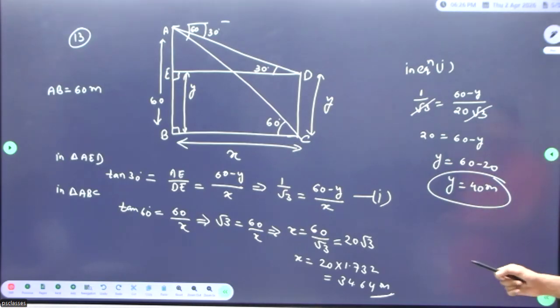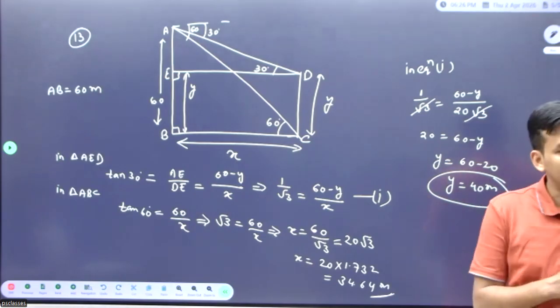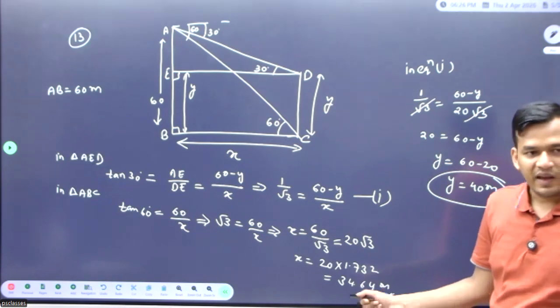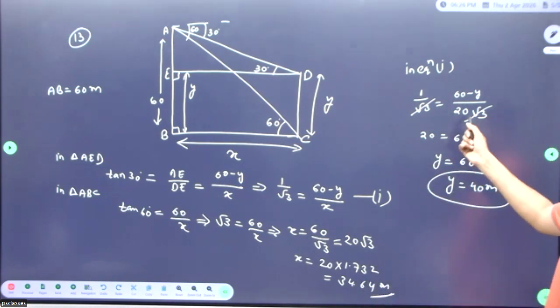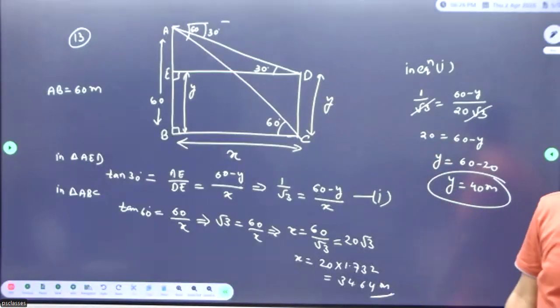Suppose the first subpart was finding the value of X, so you will get X in decimal. And then suppose you put the value of X in decimal here also, then the calculation will be very lengthy. So this you have to take care.